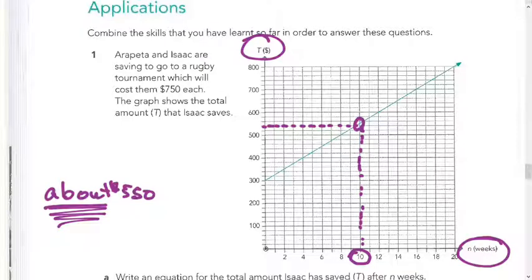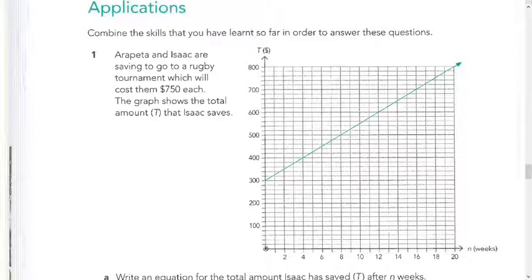Now, most of these are probably going to give you things that fall on lines. But not always. He wants to find out, write an equation for the total amount he's saved after n weeks. So they want us to use this information to write an equation. Well, to write an equation is easy. All we need is y equals mx plus b. Or plus c, I'm sorry.